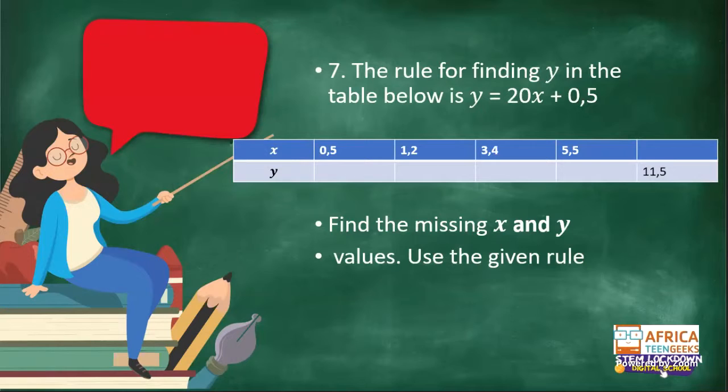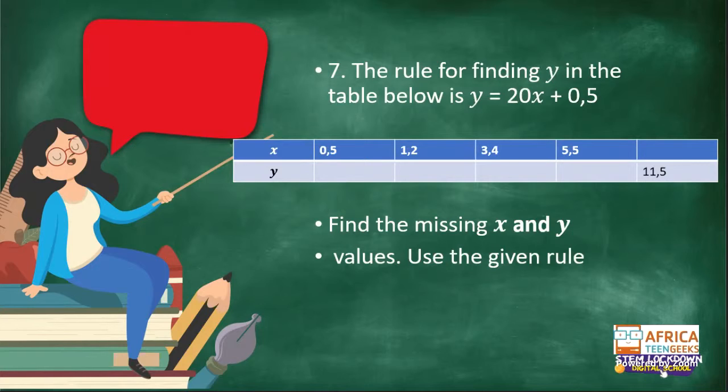Sir, is the answer 68,5? And how did you find 68,5? So I did 3,4 times 20, then I added 0,5. Yes, 3,4 times 20, then plus 0,5.